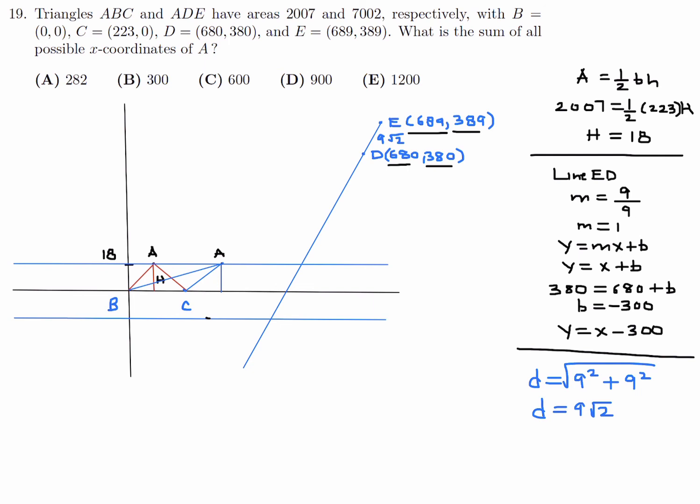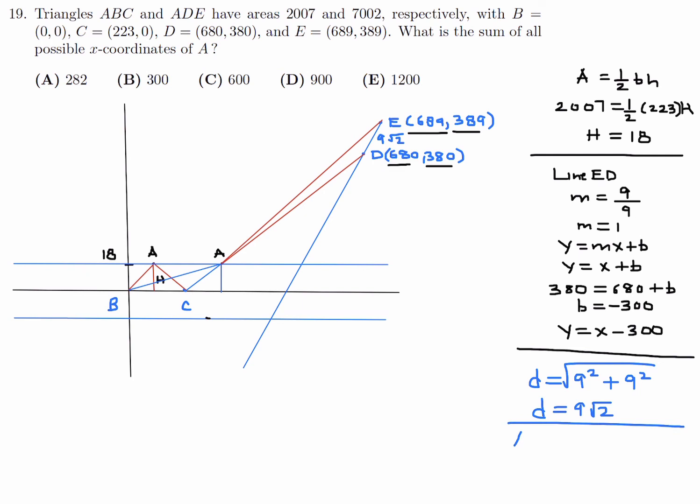Now we turn our attention to this part, ADE. I have to draw in that triangle. So here's A, there's D, and that triangle right there. That triangle, they have told me, has an area of 7,002.